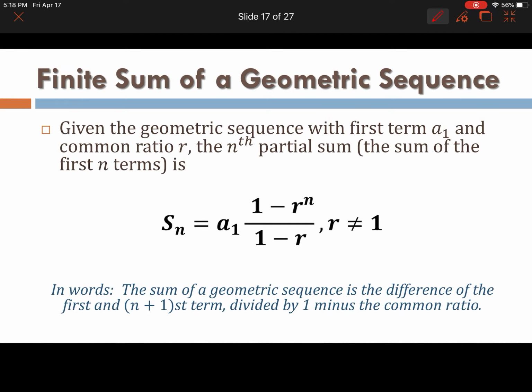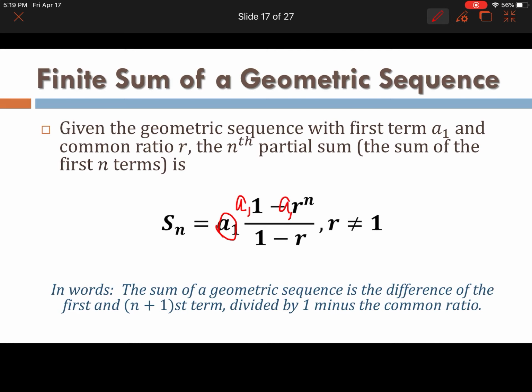We have our first term. There's our first term, right? Or you can put it on the top if you want. Sometimes you see this formula with it written on the top. And then you have 1 minus r to the nth. And as it mentions down here in words, if we bring that a sub 1 on top, we have a sub 1 times 1, that's the first term.